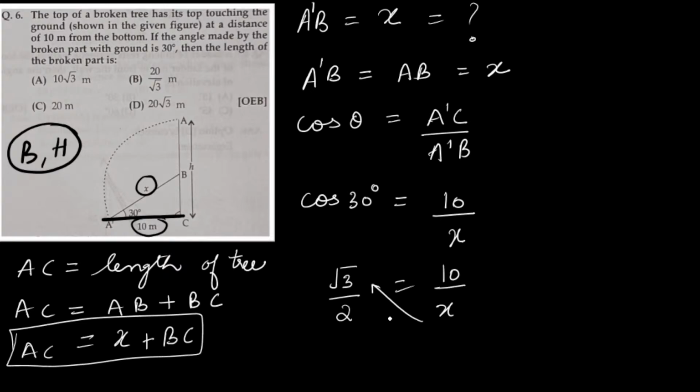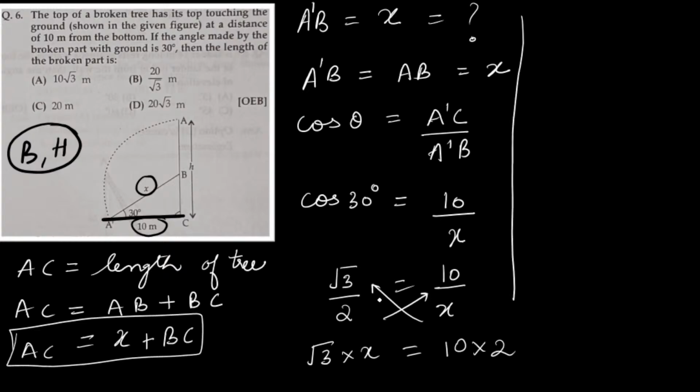Now X will shift to this side and 2 will shift to that side, cross multiplication. So root 3 into X is equal to 10 into 2. Now X we have to find. Let's shift root 3 to this side, so X is equal to 20 divided by root 3.